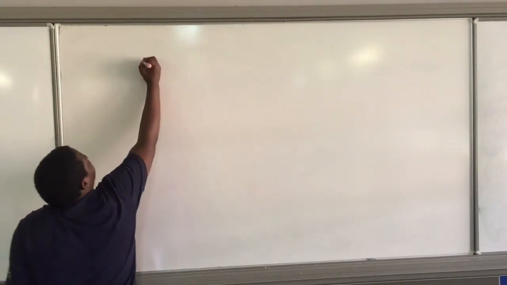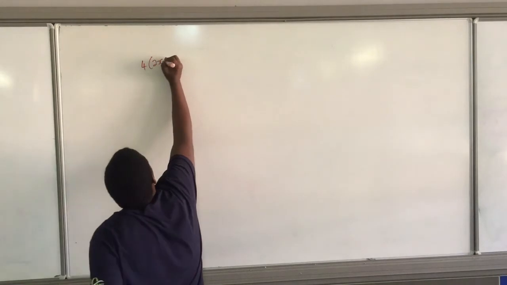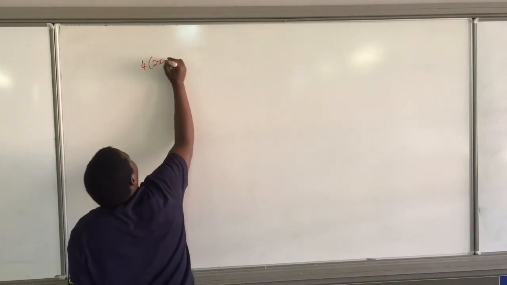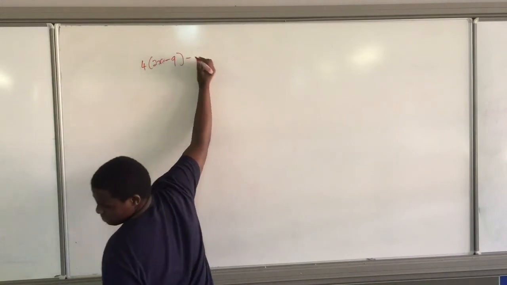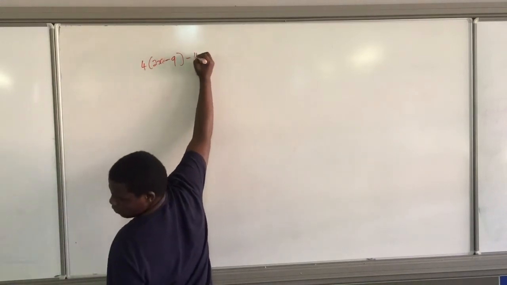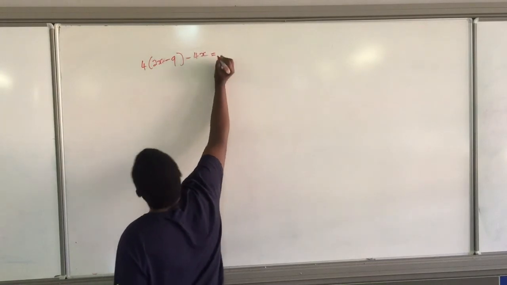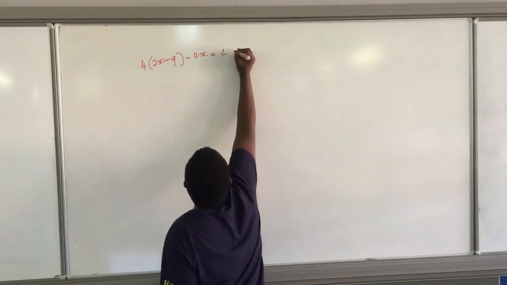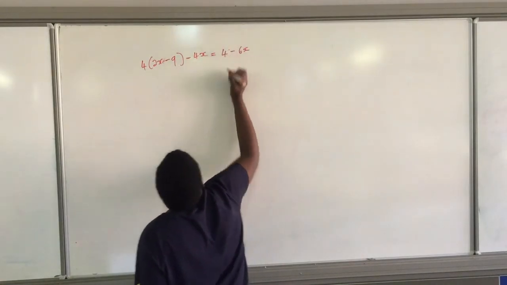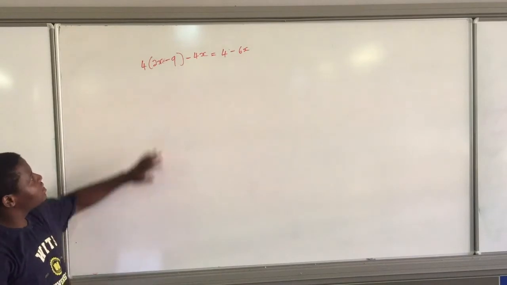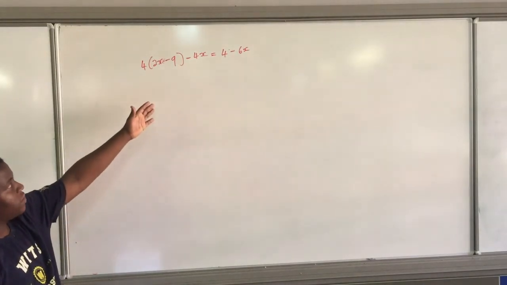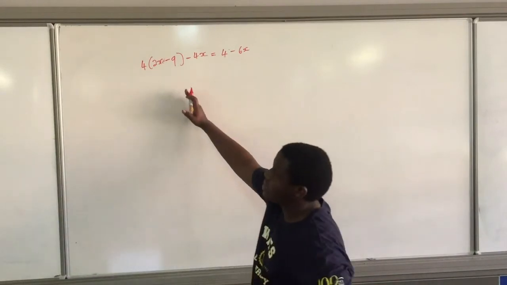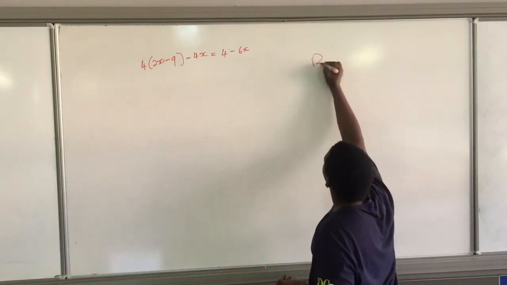So we would have 4 into the brackets 2x minus 9, minus 4x is equal to 4 minus 6x. Now this is something that you've already done in the first part of the video, which was expressions. One of the reasons why you need to start with this is it brings us back to that old rule of BODMAS.